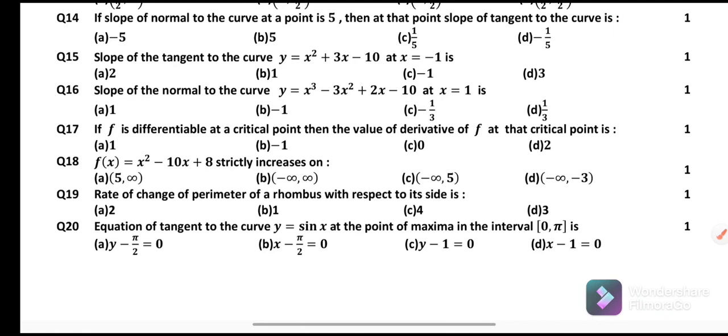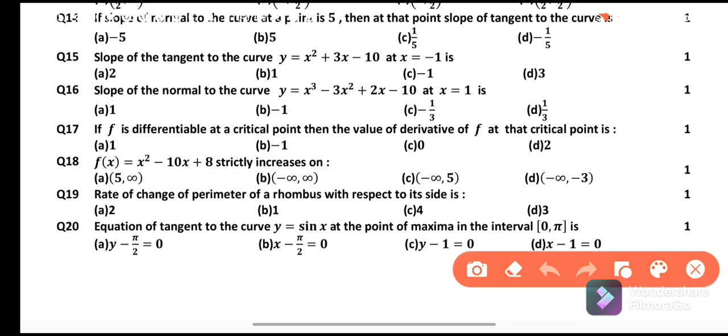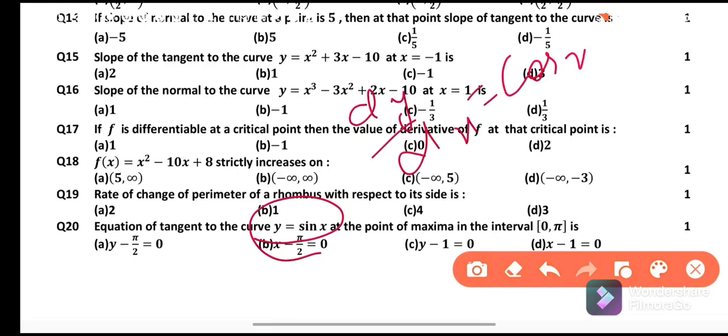Last question. Equation of tangent to the curve y is equal to sin x at the point of maxima in the interval 0 to pi. First of all, find out slope of the curve, that is dy by dx is equal to cos x.